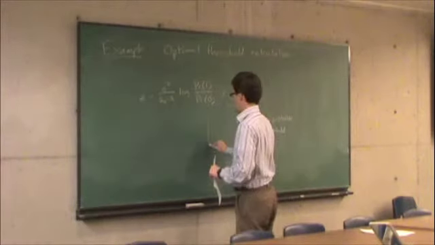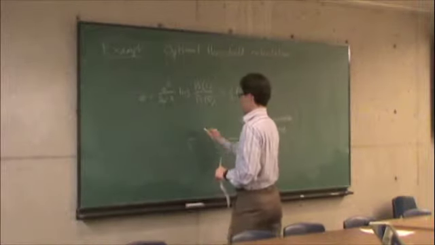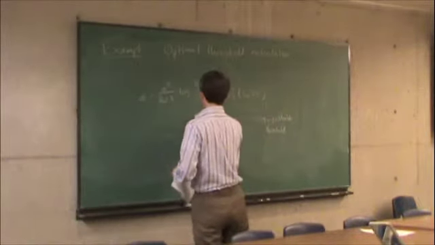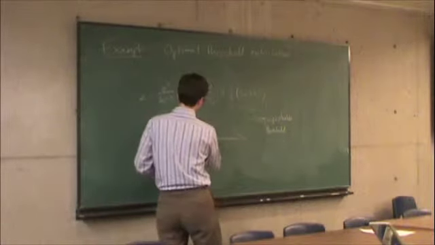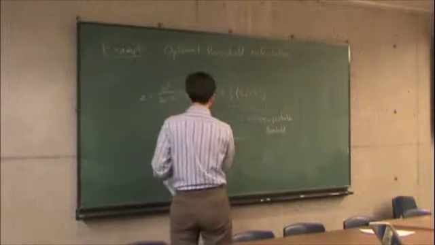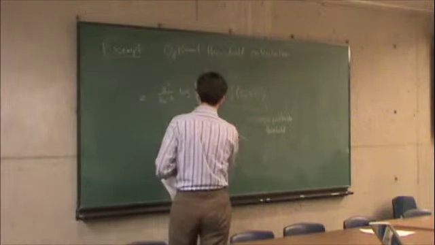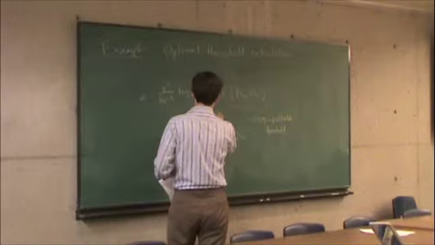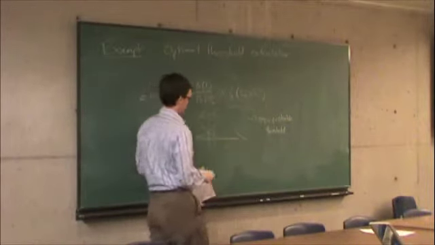So if we have S1 down here and S0 up here, the idea is we pick the crossover point between these two distributions, and that's exactly halfway between S1 and S0. So on this side we pick 0, and on this side we pick 1, and at each point we pick the most likely explanation.